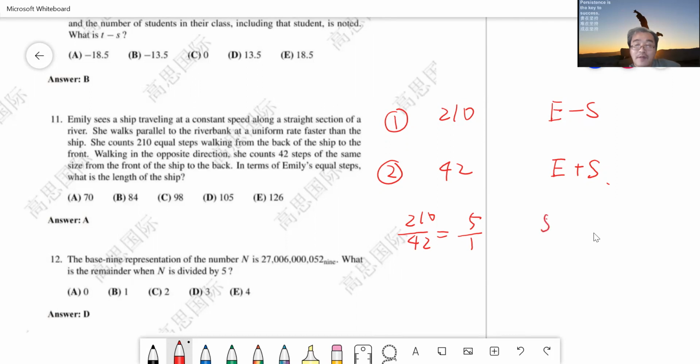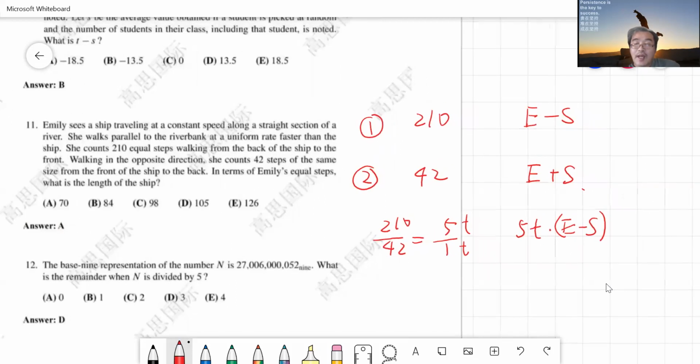So you can see that's going to be 5. We can call this t. This is 5t. So now you can see that's basically 5t times E minus S, that covers the whole trip, the whole ship. So that's actually equal to 1t times E plus S, right?